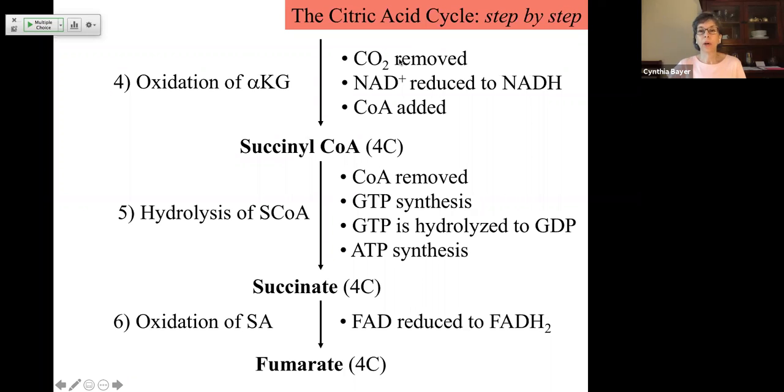And that is driving the addition of another coenzyme A to form a high energy bond in succinyl-CoA. So alpha-ketoglutarate is converted to succinyl-CoA, a 4-carbon molecule, because one of its carbons has been removed.